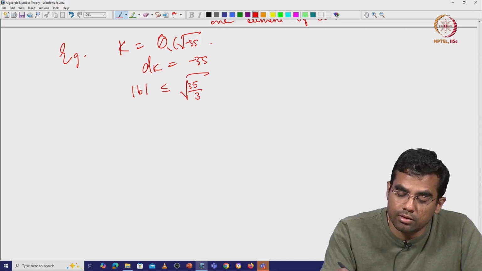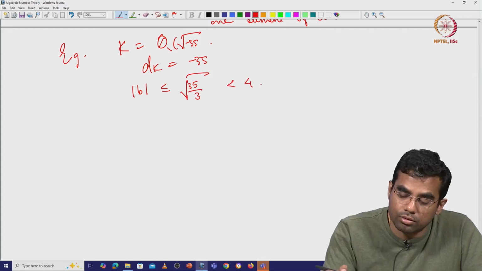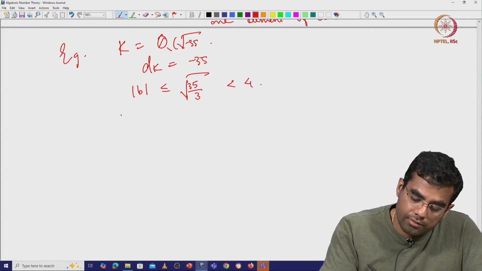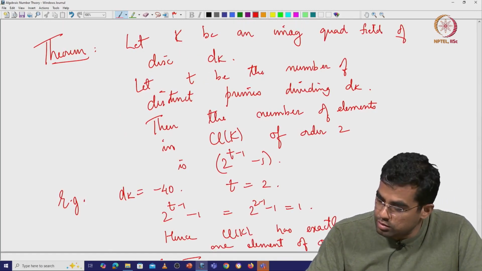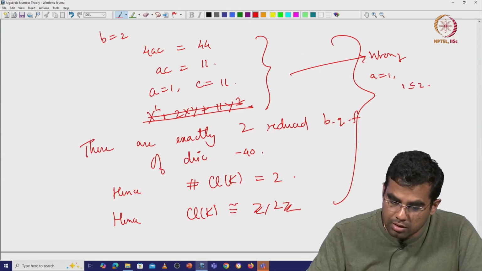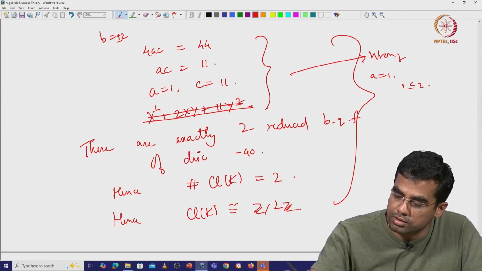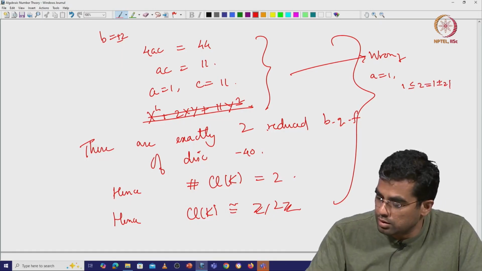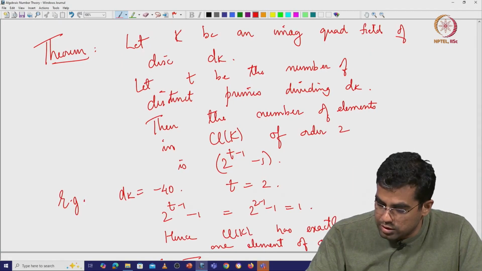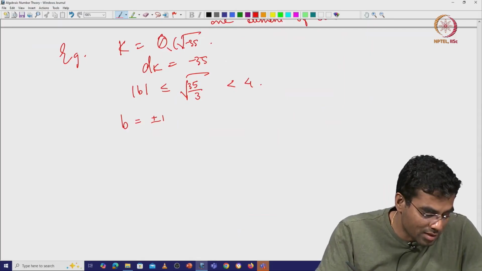It's certainly less than 12, and so square root of 12 is less than 4. So you try with b equal to plus minus 1, and another error I made here is that b should be plus minus 2, but it does not matter. I should have been a little more careful about that. So I'll be more careful in computing this example now.